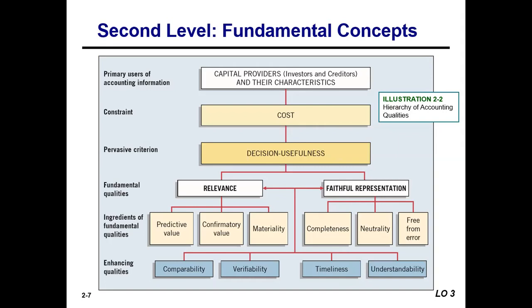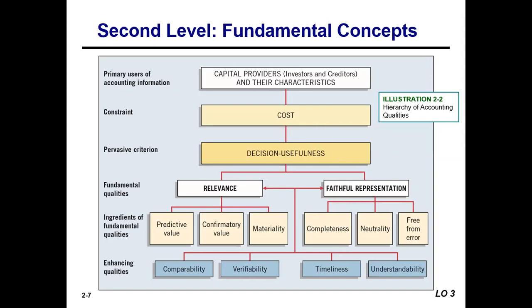Verifiability. Verifiability is when we're able to, through independent measures, using the same methods, obtain similar results. So, the company prepares its financial statements, and then at the end of the year, they have the auditors come in, and the auditors check the financial statements, and the auditors should be able to verify, using the same accounting principles, that all the numbers on the financial statements are correct, right?